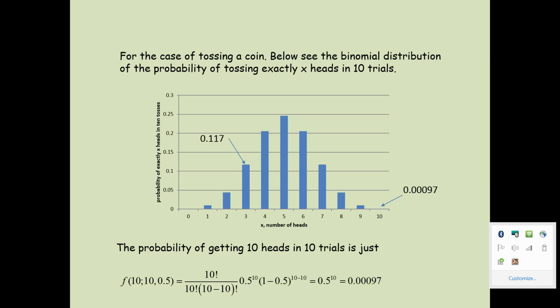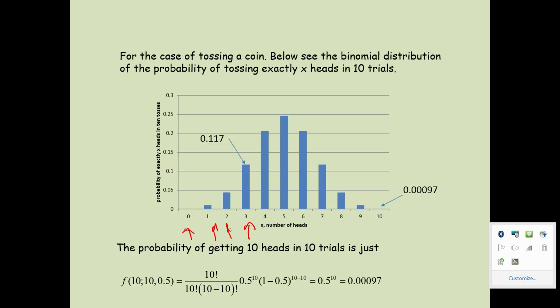Now if I were to do the calculation for a variable number of x's, of course if there are 10 tosses, then you can only get a maximum of 10 heads. What's shown here is the binomial distribution, considering the possibility of 0 heads in 10 tosses, 1 head in 10 tosses, 2 heads in 10 tosses.